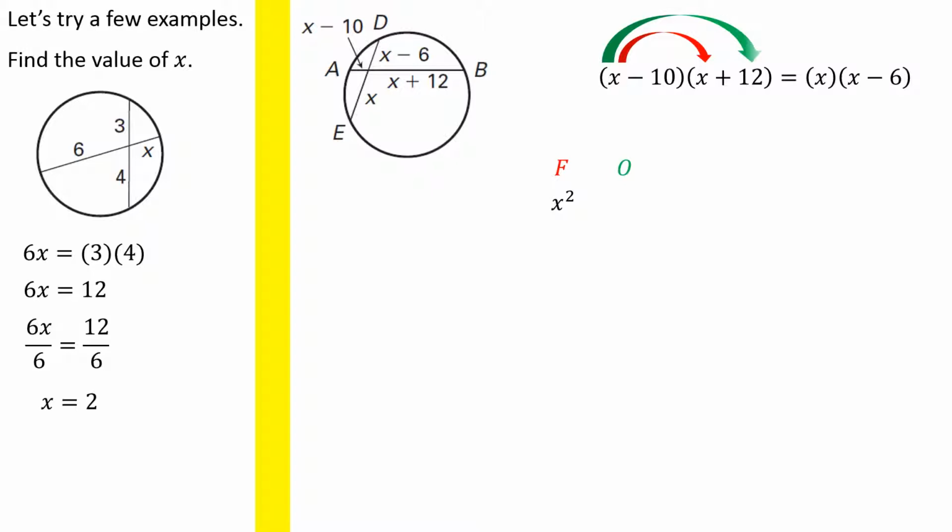I like the FOIL, first, outer, inner, last. Some students like to draw the arrows. Some students like to put the letters FOIL. Other students don't need those visual aids, whatever works best for you. And of course, on the right-hand side of the equation, I'm going to use the distributive property.